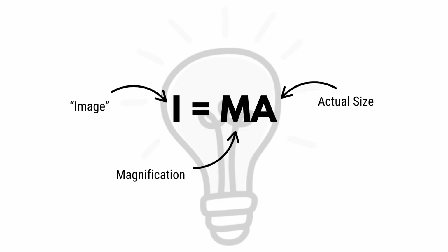The important formula you need to know is image equals magnification times actual size, and this is interchangeable in a way, like A equals I over M and such. This should usually be given in your formula sheet, but you should just memorize this formula because it is probably going to be the problem you get on the exam. Let's go back to our problem here.